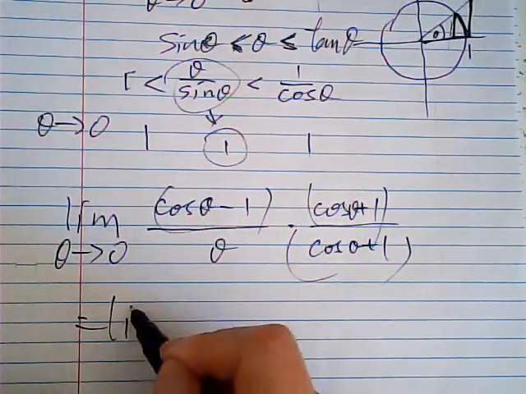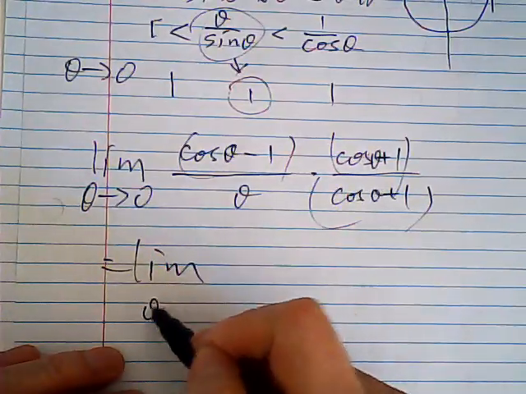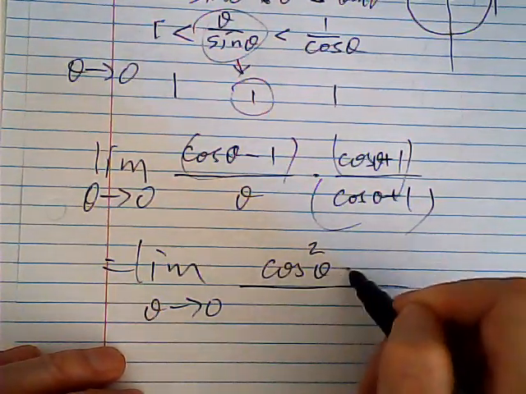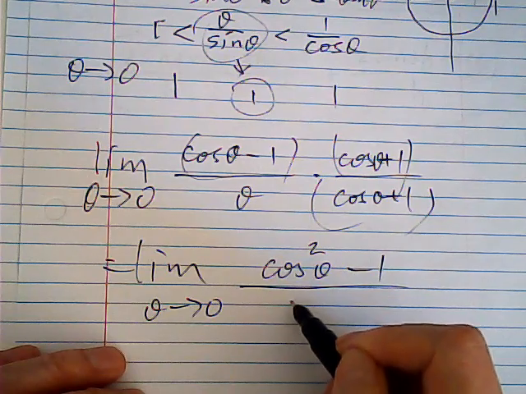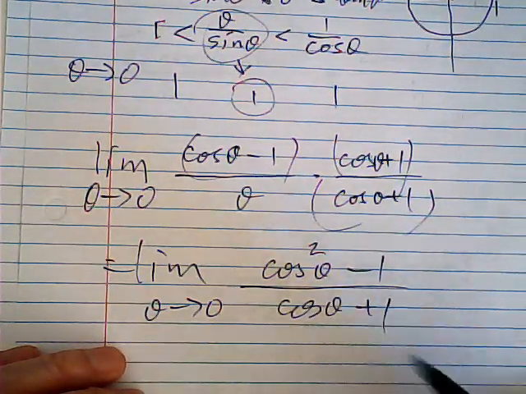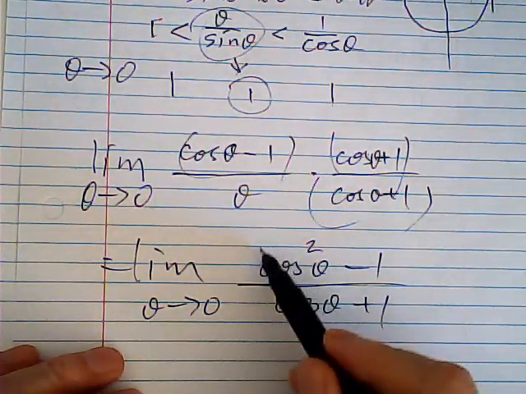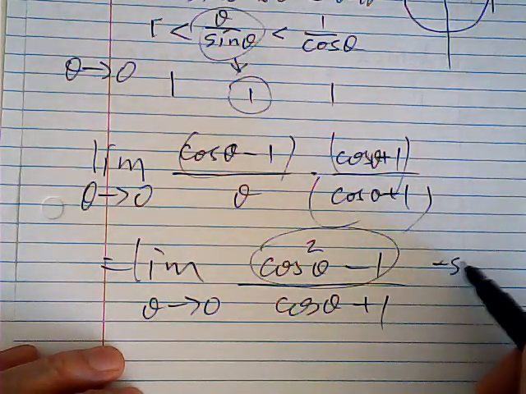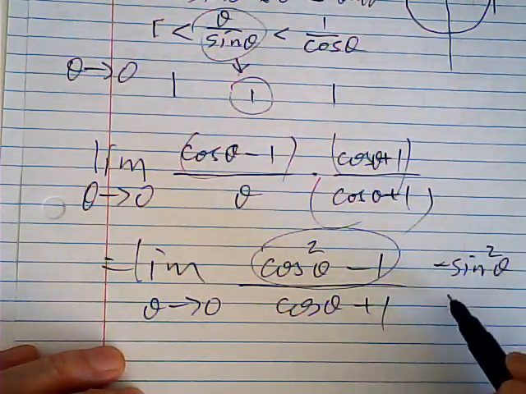And then as theta goes to 0, that will be cosine squared theta minus 1 over cosine theta plus 1. Now this one is equal to negative sine squared theta.